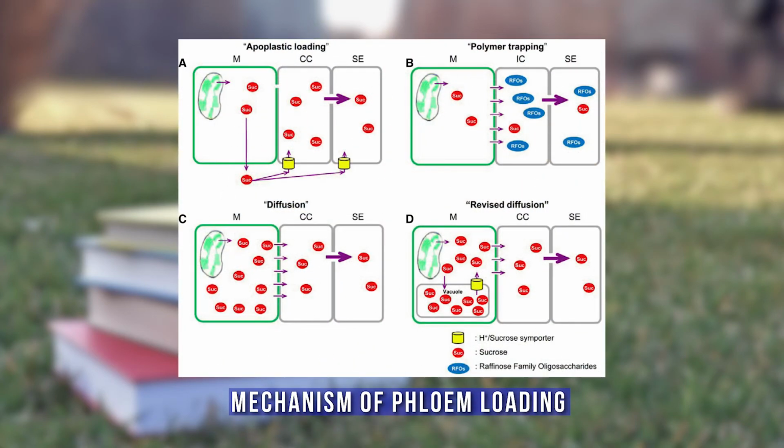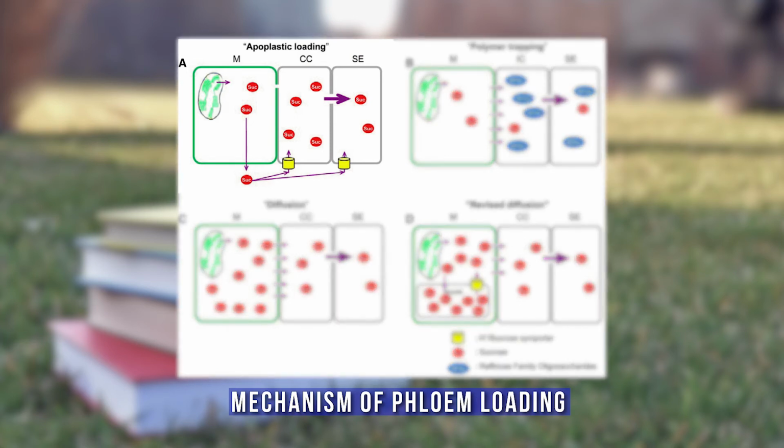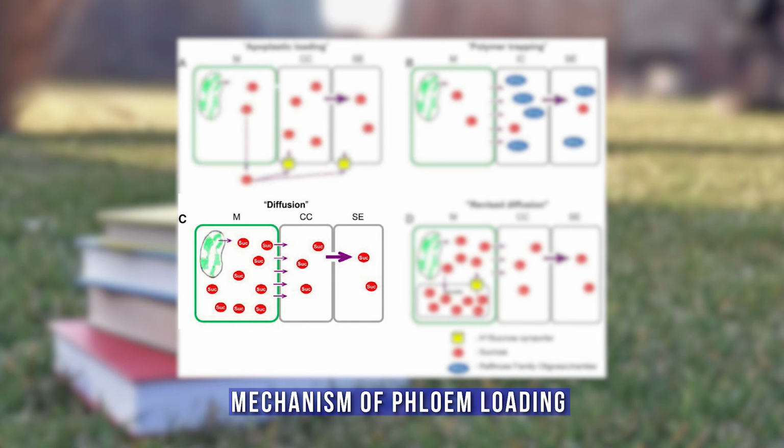And there are specific mechanisms by which phloem loading and unloading takes place, and there are at least 4 different ways by which this phloem movement occurs. One is typically apoplastic loading. Now the apoplastic phloem loading mechanism is that the sucrose which is synthesized in mesophyll cells diffuses to vascular parenchyma and then to the apoplast.